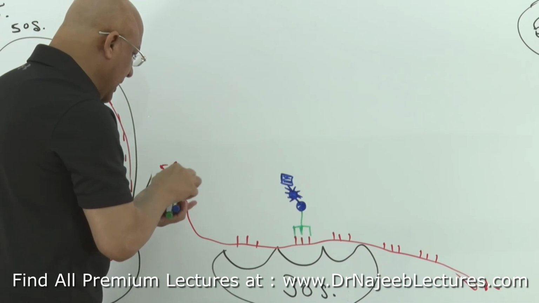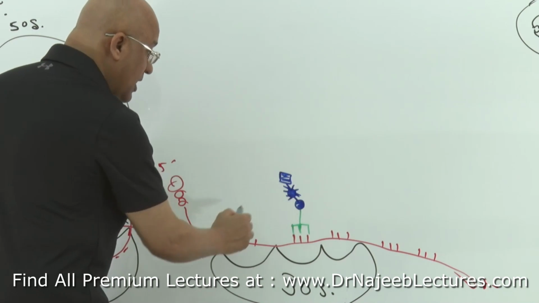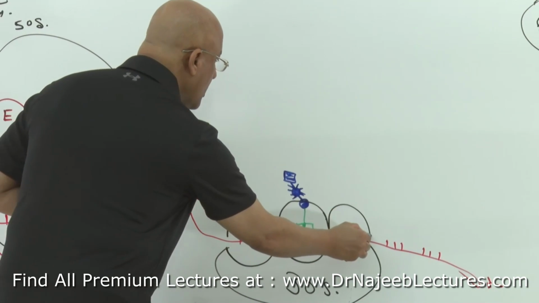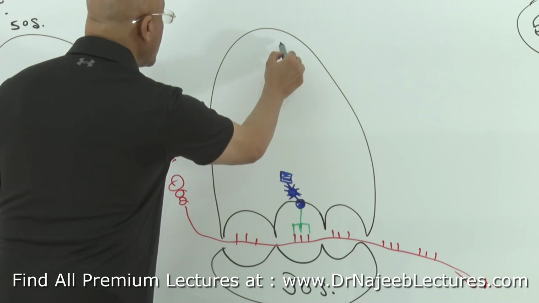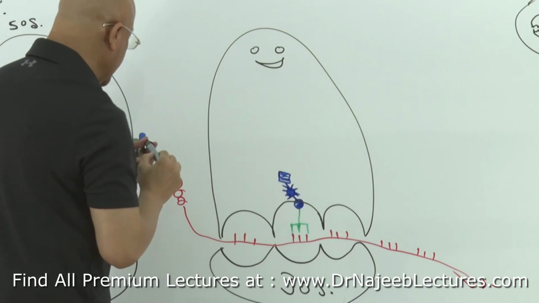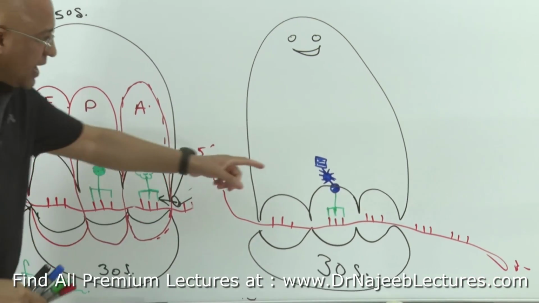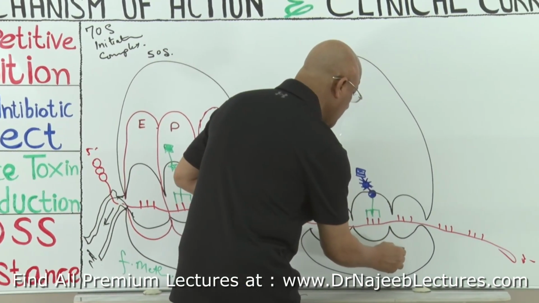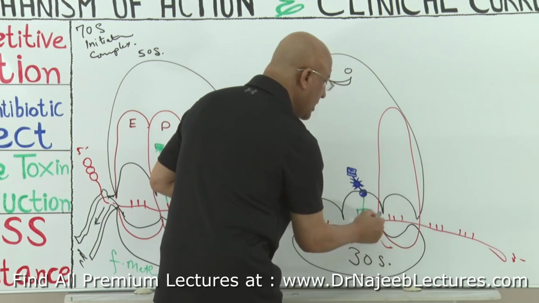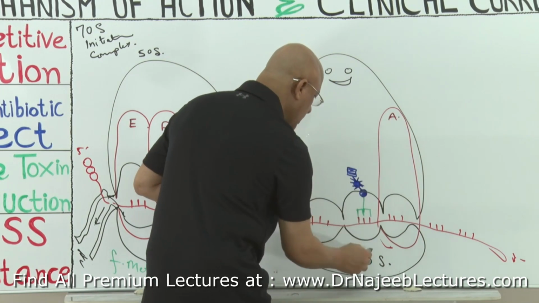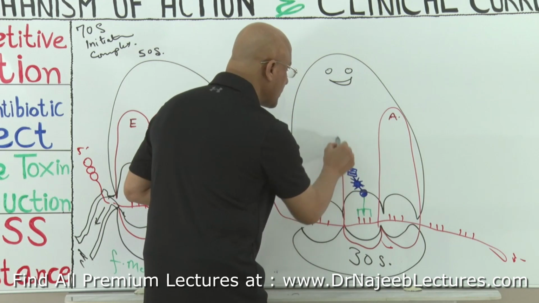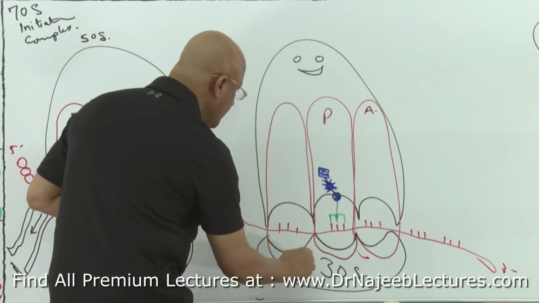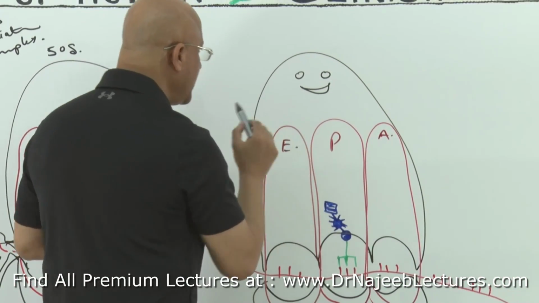And of course, this cannot go until the 50S is attached over there. This is the 50S unit. Yes, a very important thing. I told you there were some sites. What was this site? Acceptor site, right? What was this site? P site, yes, peptidyl site. And what was this site? Exit site, right?